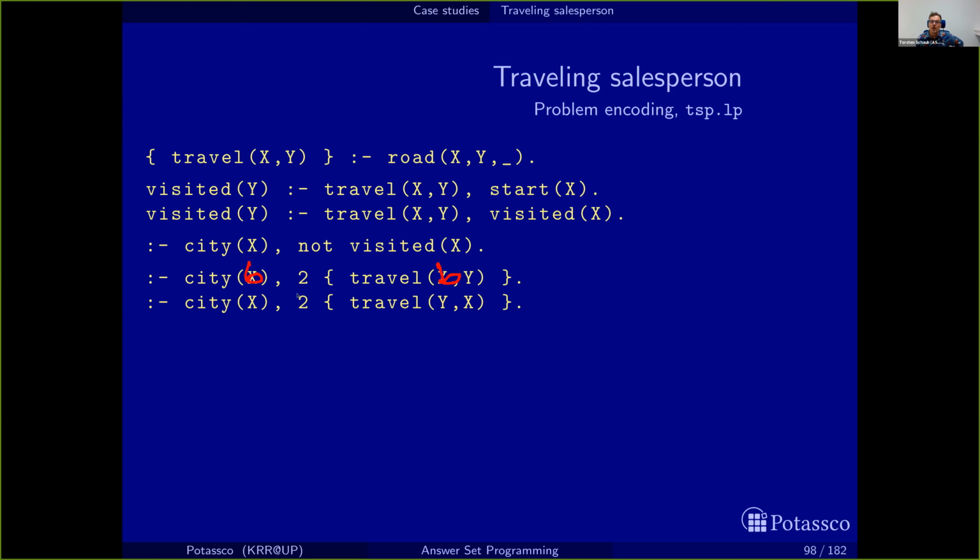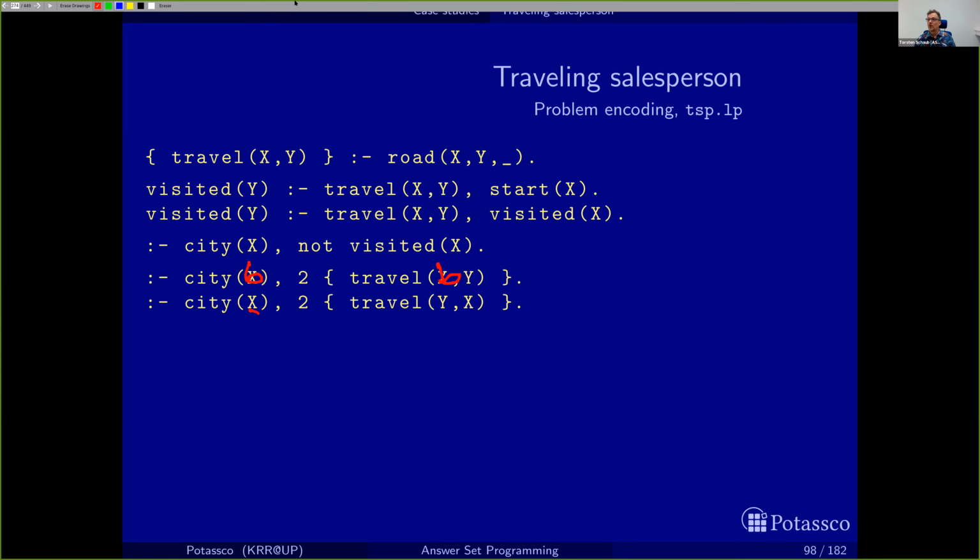If there are two or more such ones, that doesn't work, because then I went in and went out; I went through this several times. And the same when I go into the city X. There cannot be a city X to which I traveled twice. Now this is already an encoding of the Hamilton cycle problem.